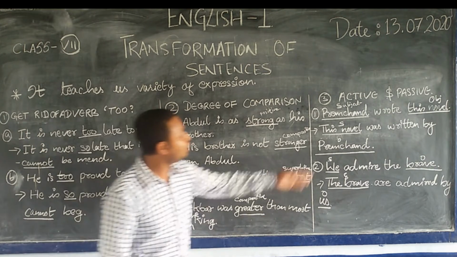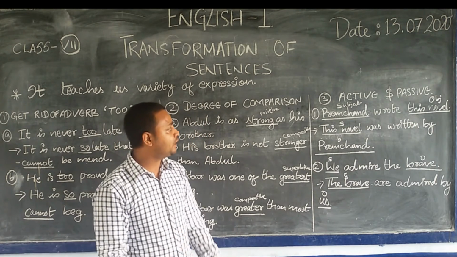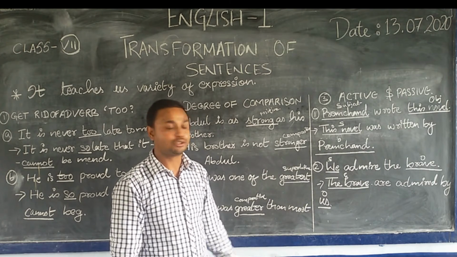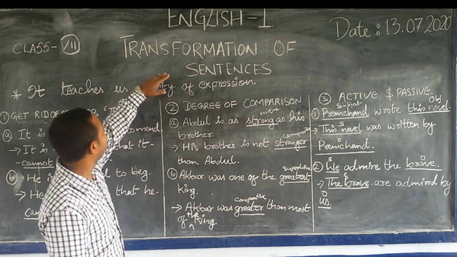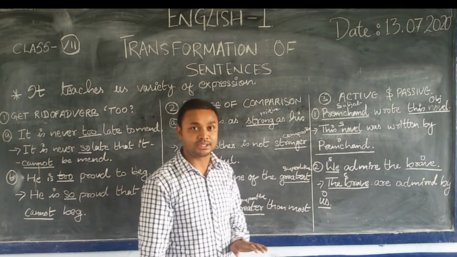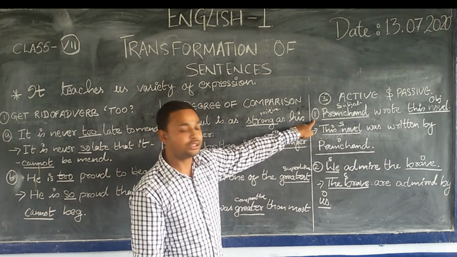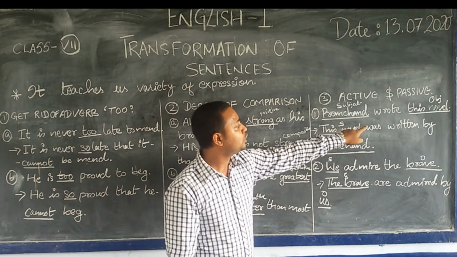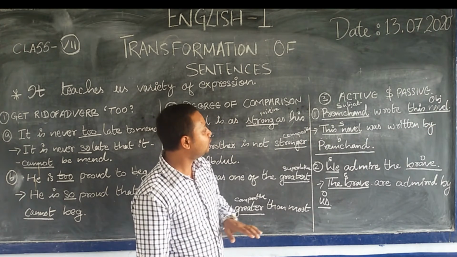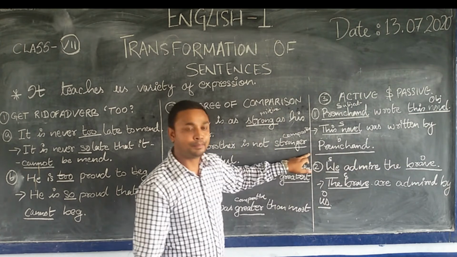Now next we have active and passive voice. We did it in class last year. This also falls under the category called transformation of sentences, because here also we are changing the sentences. For example, in the first question you have "Premchand wrote this novel." In the answer, we will write "This novel was written by Premchand."